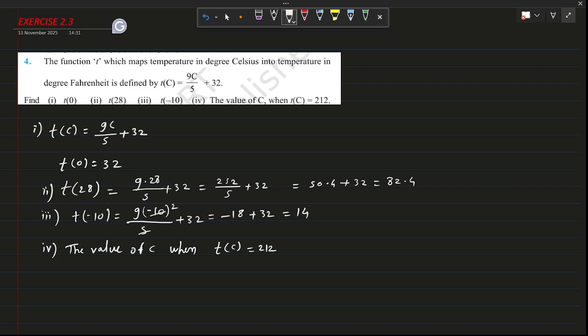So given 9C divided by 5 plus 32 is equal to 212, this implies 9C divided by 5 is equal to 212 minus 32, which is equal to 180.